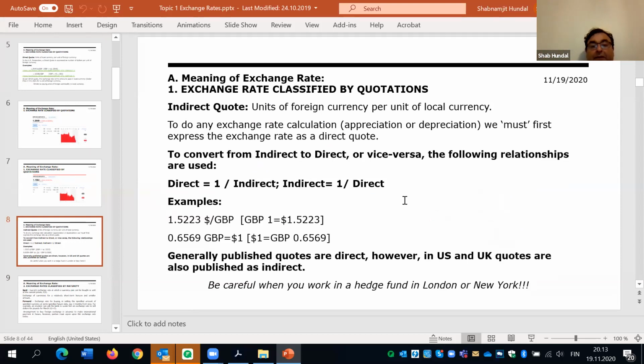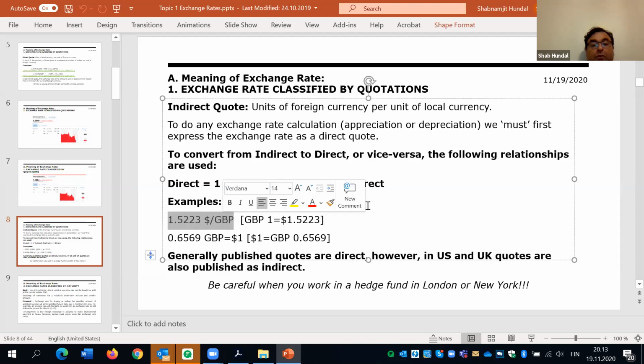So you can see that if you are in New York and you want to see the rate of exchange of the Great Britain pound, then this is the direct quote.